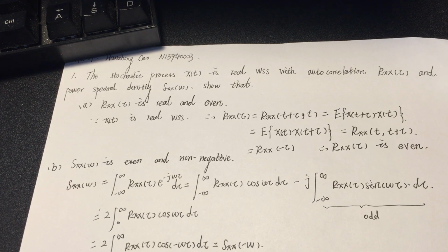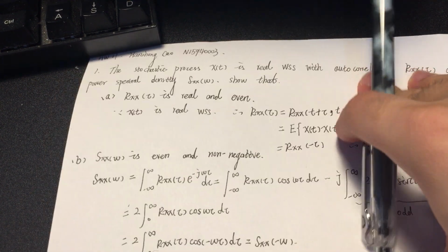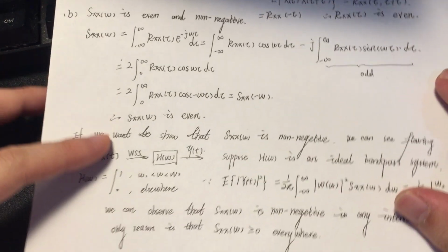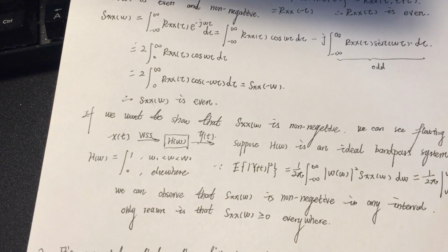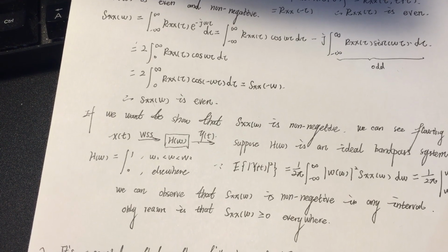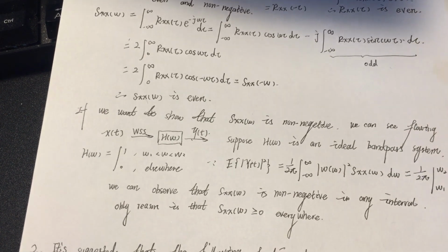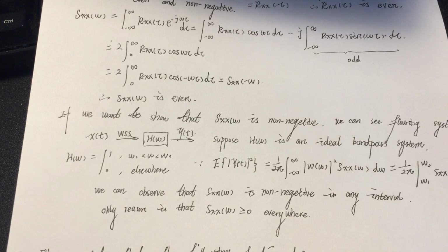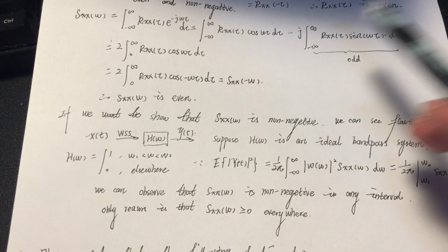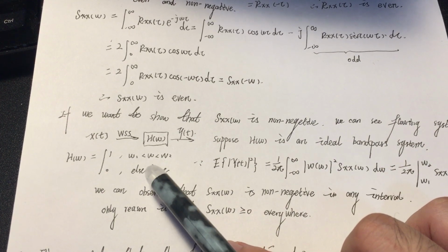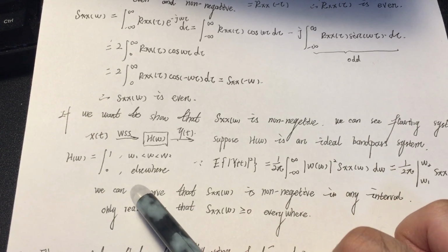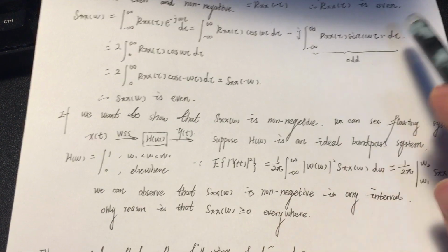So if we want to prove that Sxx(omega) is non-negative, we can use the following system, where X(t) is wide-sense stationary and is processed by H(omega). Suppose that H(omega) is an ideal band-pass system, and H(omega) equals 1 if omega is between omega 1 and omega 2, and equals 0 in the other part.